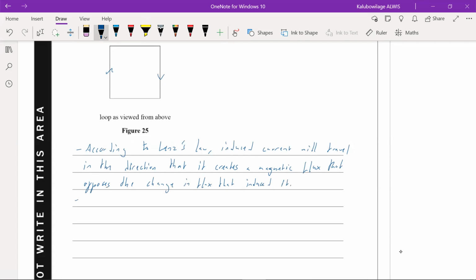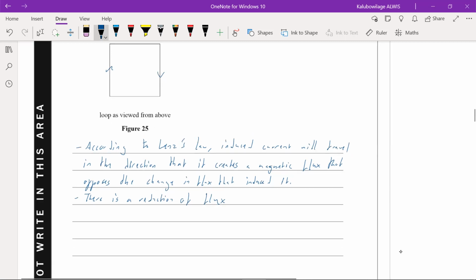In this case, there is a reduction of flux into the page, using the grip rule.